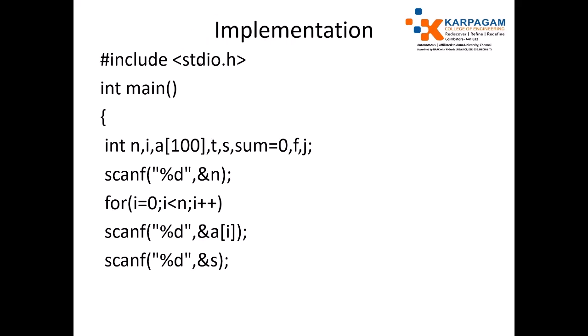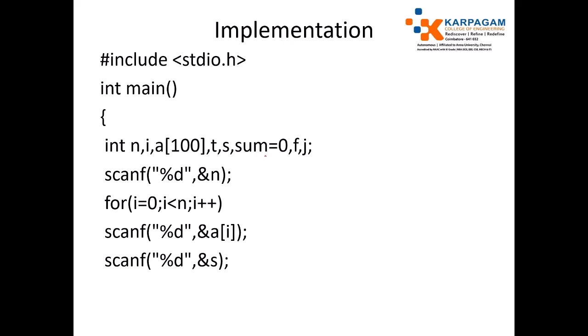So this is a function, the entry point for the program. Here I declare variable n for getting the size of the array, i for indexing, and a for storing the set of values. Tmin is a temporary variable and smin is for the sum.